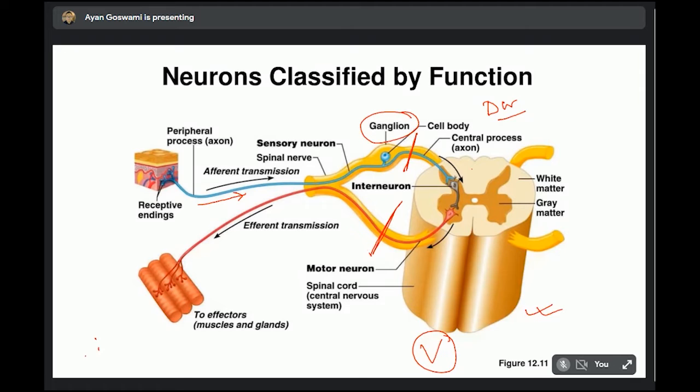Now, once the nerve root emerges from the spinal cord as a spinal nerve, when the damage is at the periphery, we call it neuropathy, right? The damage may also be at the ganglion, and we call it ganglionopathy. So there are lots of areas where a nerve can be damaged.